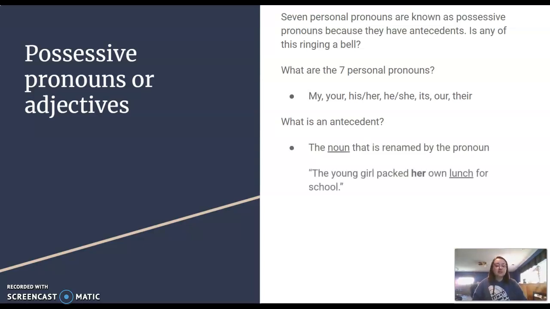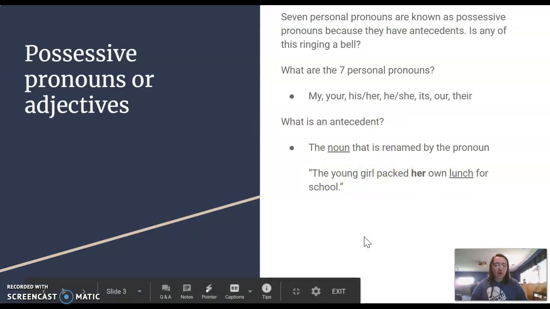So if we look at this sentence, the young girl packed her own lunch for school. If I were doing this with you in quarter one, I'd really be focusing on the fact that her is renaming girl, the noun. Young is an adjective.